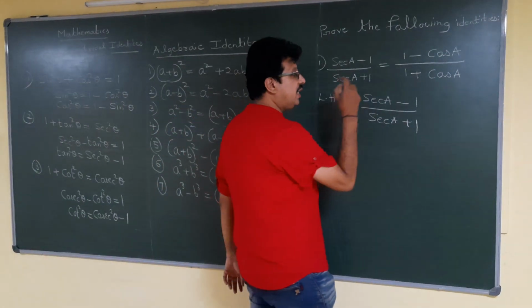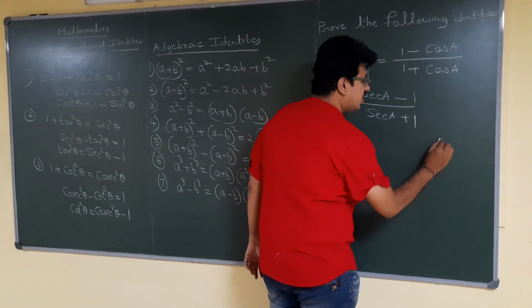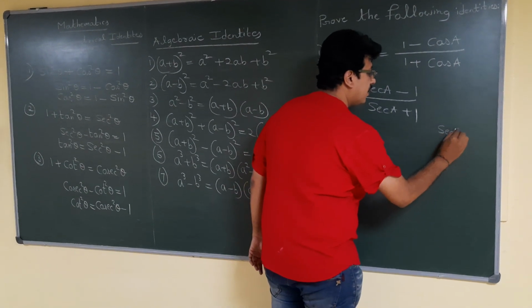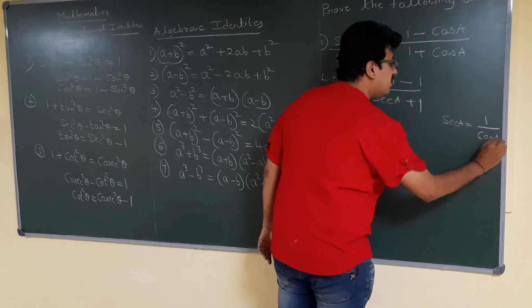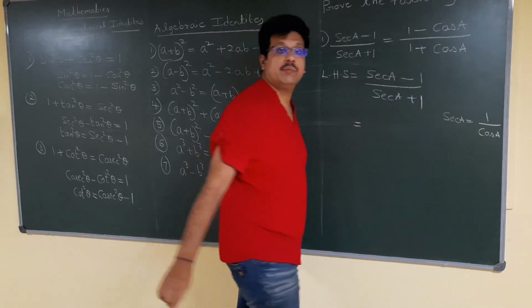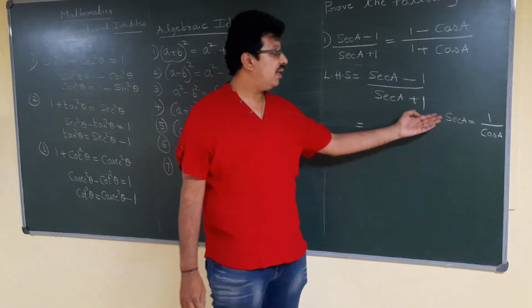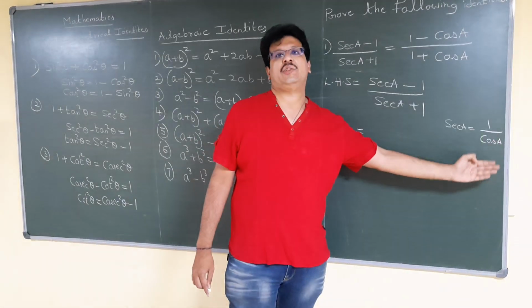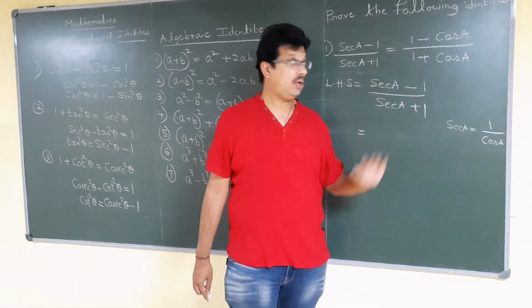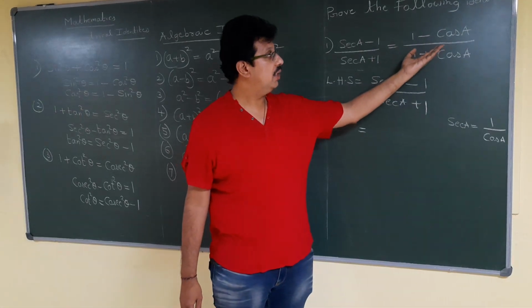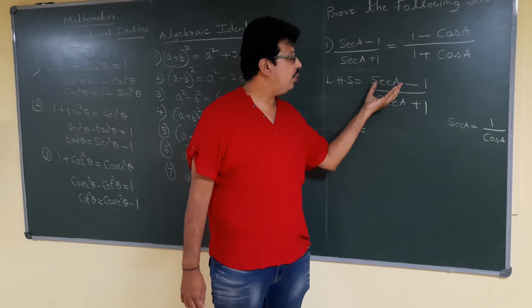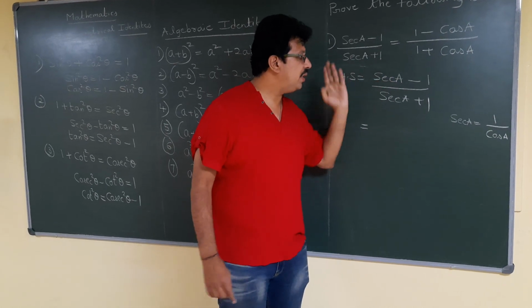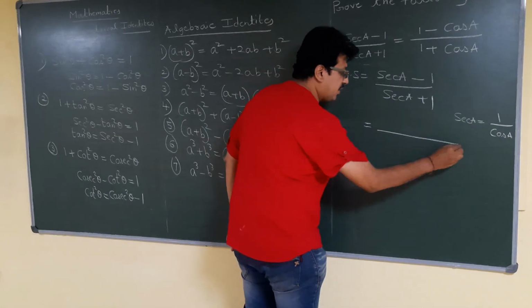Reciprocal relation for secant A is equal to 1 by cos A. This relation you should know very well, children, because secant A should be written as 1 by cos A. You should also observe the RHS. You can see RHS is in terms of cos only. So you should be able to understand that secant A should be written as 1 by cos A.